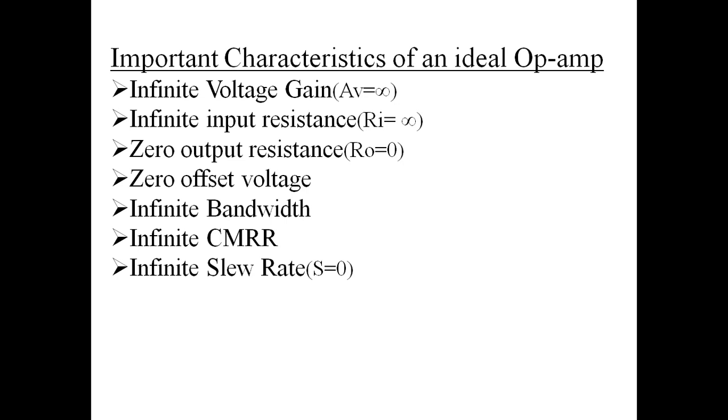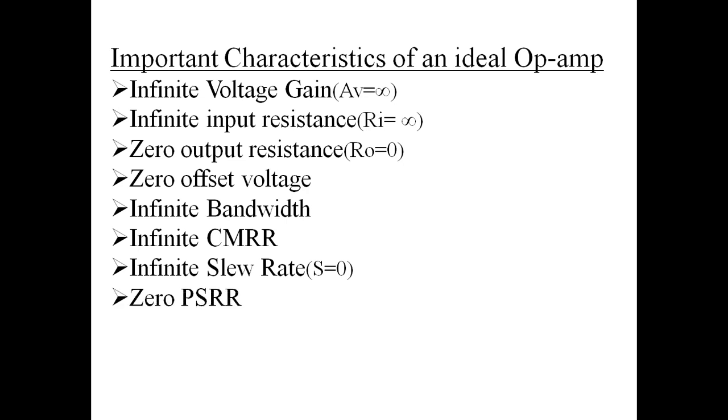The slew rate of an ideal operational amplifier is infinite, so that output voltage changes occur simultaneously with input voltage changes. The slew rate definition and its significance are explained later.